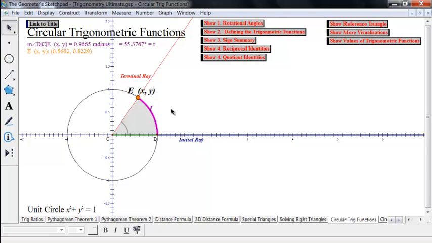Now, how do we find the sine, cosine, and tangent of that angle? Well, we need to draw a right triangle with that angle there, angle t, whatever it is, around 55 degrees. And we can make a right triangle, and we have a hypotenuse, in this case of length r in general, but if it's a unit circle, that r is 1.